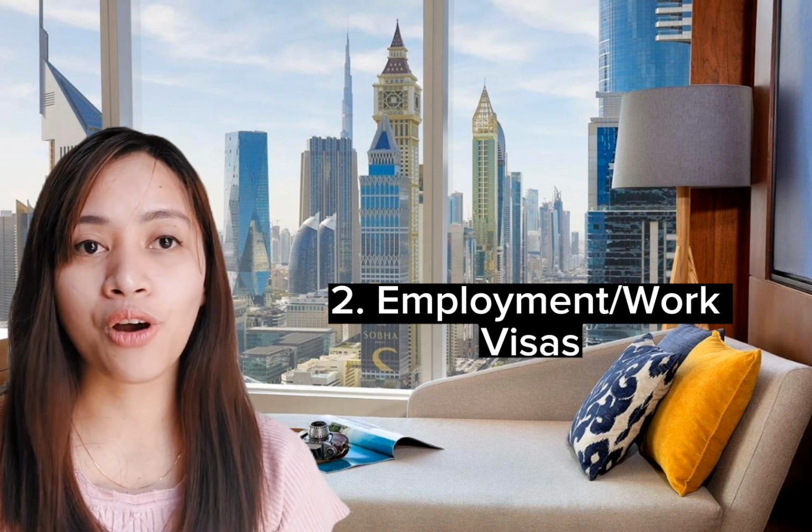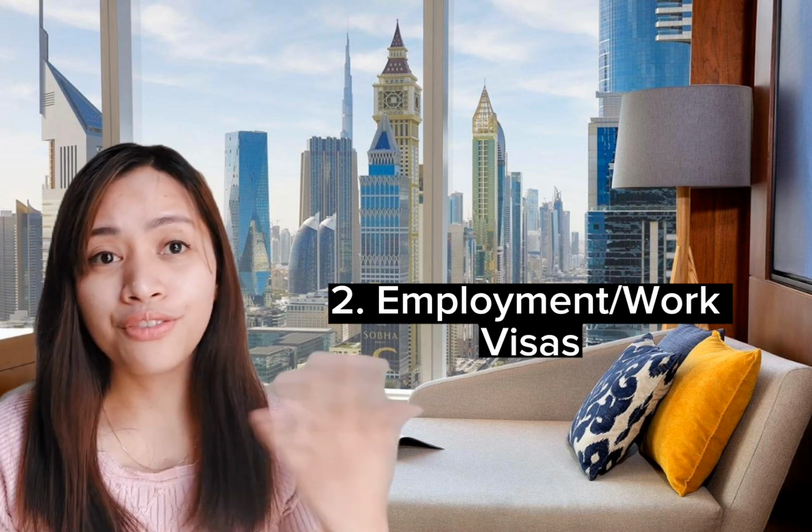Next type of visas is employment visas or work visas. If you have a secure job offer in the UAE, you will need an employment visa sponsored by your employer. The employer plays an important role in the application process, as they will submit the necessary documents to the relevant authorities.